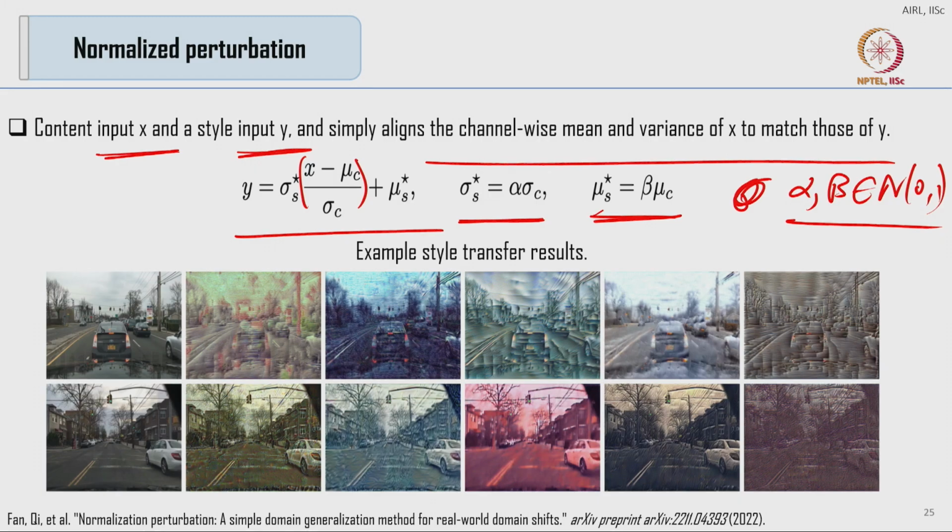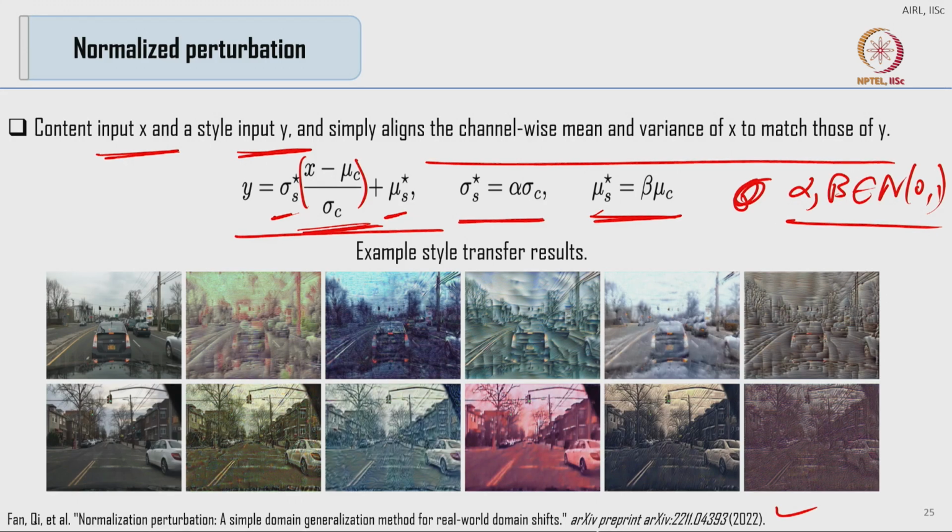So in this particular normalized perturbation example, the channel wise statistics applied for the style are essentially just noisy versions of the channel wise statistics of x itself, right? And in case you want a deeper understanding, please go over the paper, which is highly recommended.